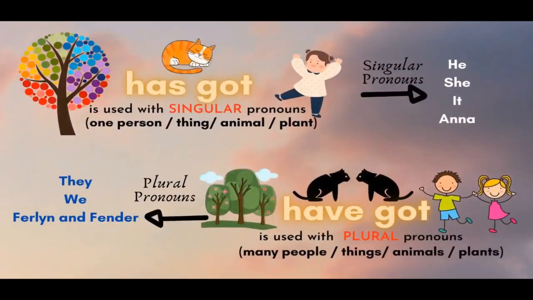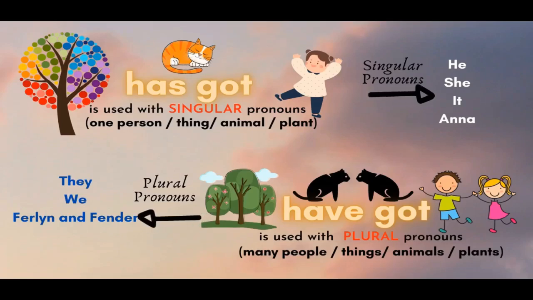Has got is used with singular pronouns, which refer to one person, one thing, one animal, or one plant. The singular pronouns that we usually use are he, she, it, or a name, Anna, while have got is used with plural pronouns, which refer to many people, many things, many animals, or many plants.